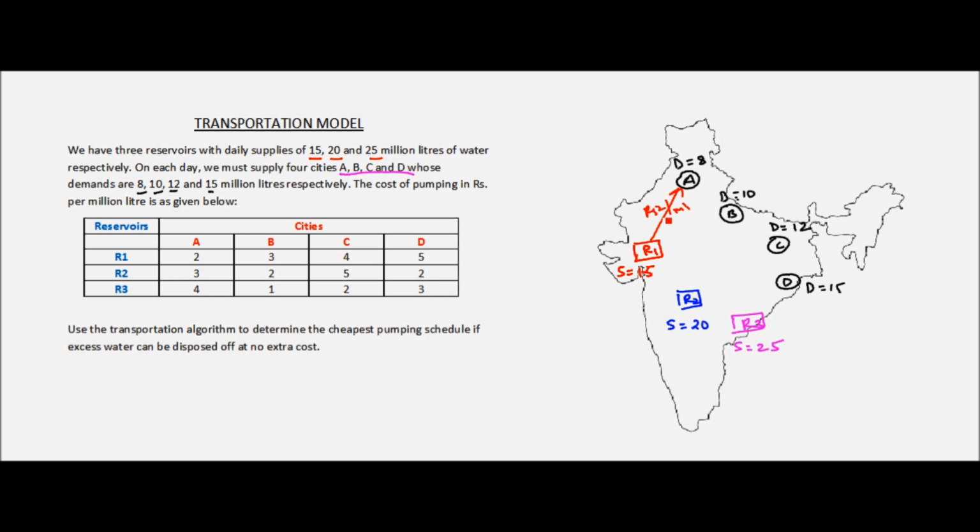This is rupees 2 per million liter. Similarly, for pumping water from reservoir R1 to city B, the cost is 3 rupees per million liter. From R1 to C, it is 4 rupees per million liter. And from R1 to D, the cost is 5 rupees per million liter.